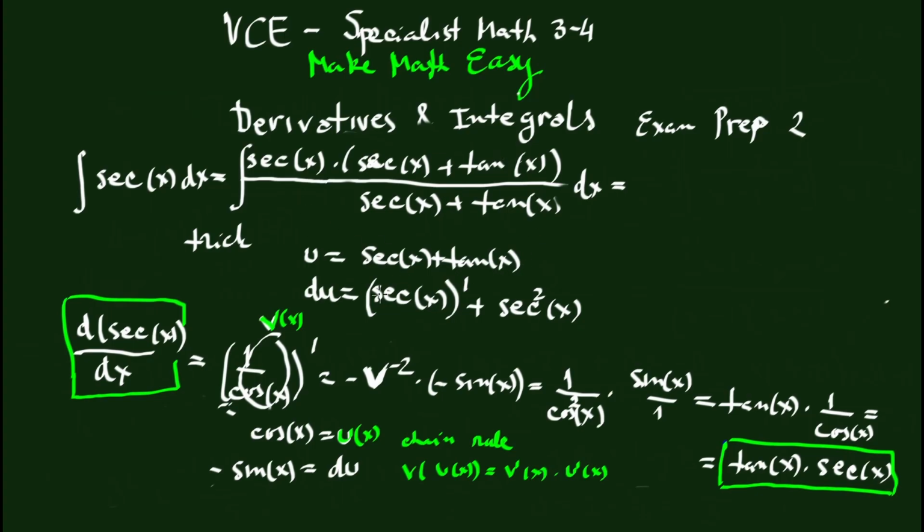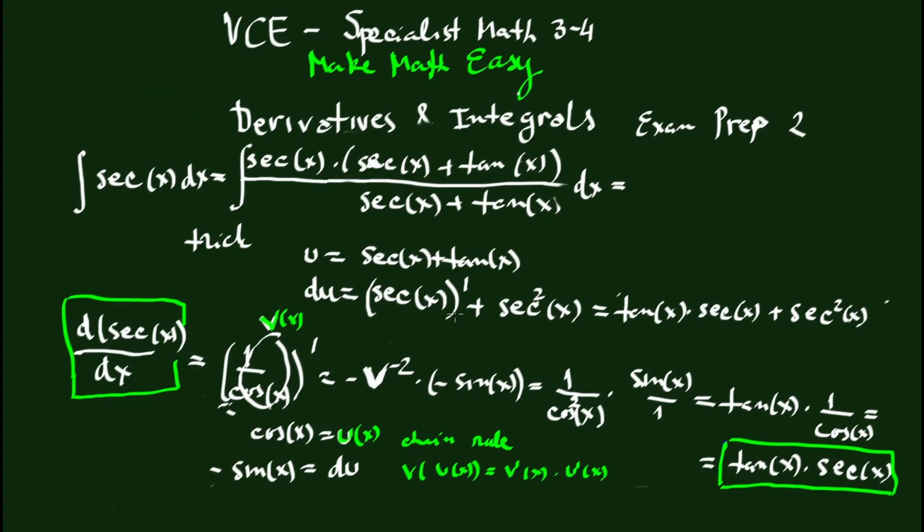Okay, let's go back up to solving this problem. We've done this bit here, so let's copy it: the first derivative of secant is tangent of x times secant of x, plus secant squared of x from here.